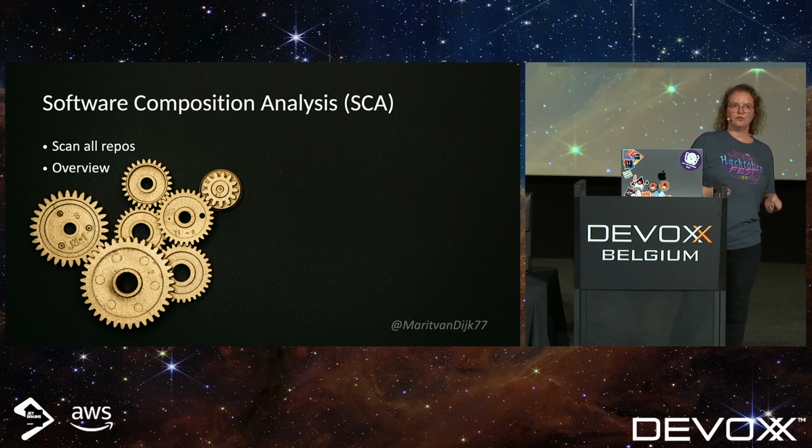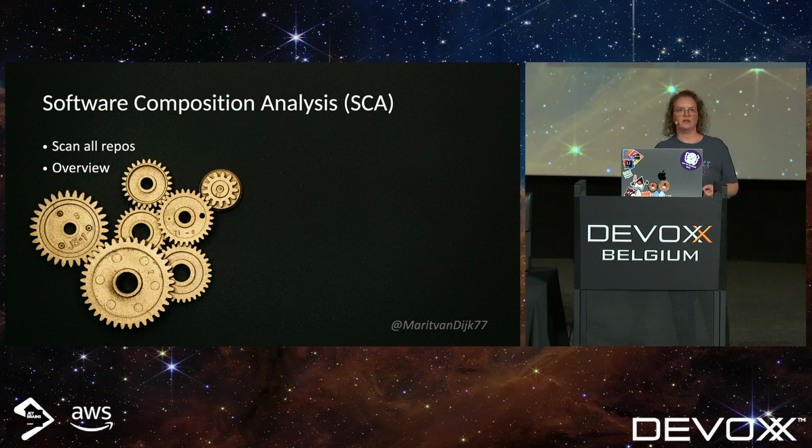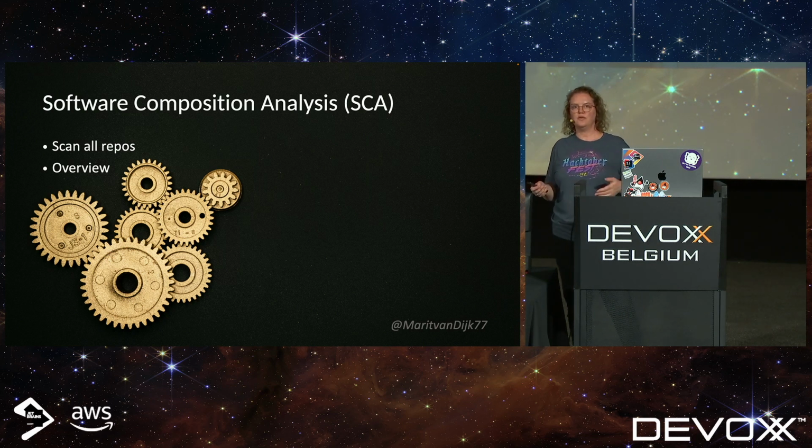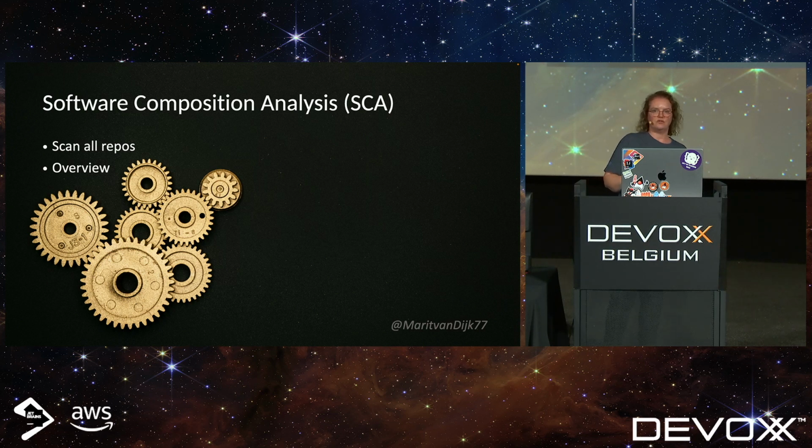I worked at bol.com until recently, and there we had such a tool that scanned all of our repositories and our Docker images for vulnerabilities, and we had, as you do, an internal tool that showed us a list of what was outdated for our team so that we knew what to update.